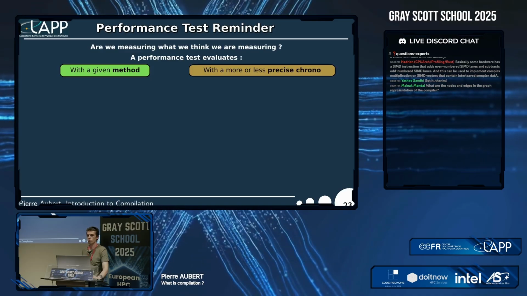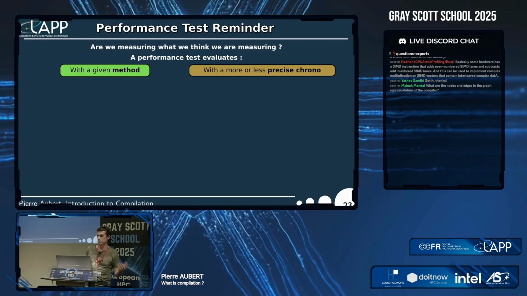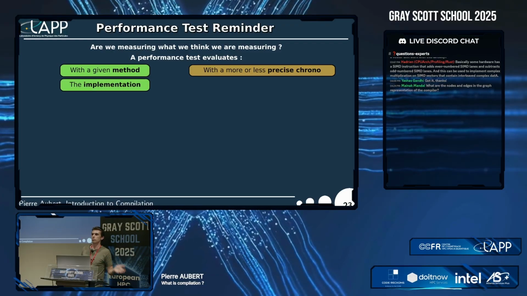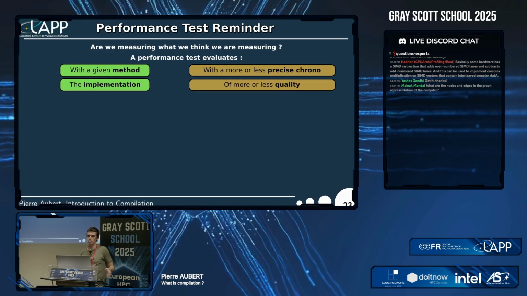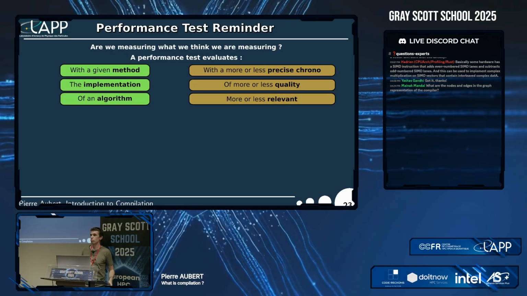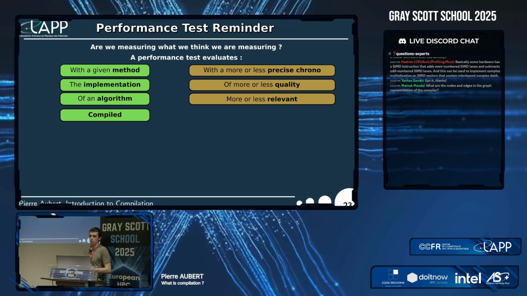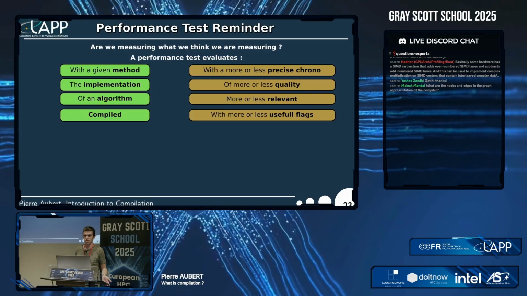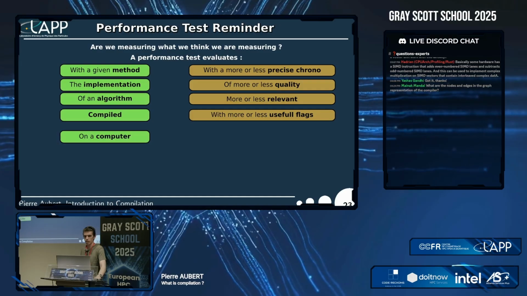So with a more or less precise chronometer, maybe it's not the good one. The one implementation, so with more or less quality, of an algorithm, but more or less relevant for your problem. With a compiler, but with more or less useful flags also. Sometimes it's not necessary, sometimes there is one missing.